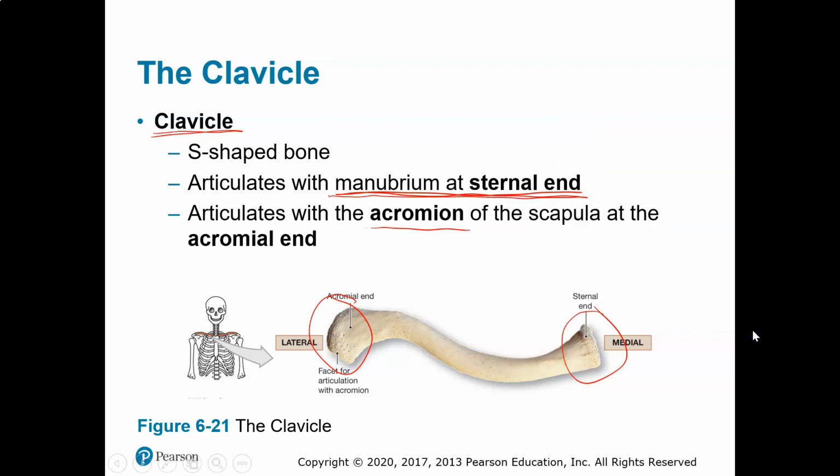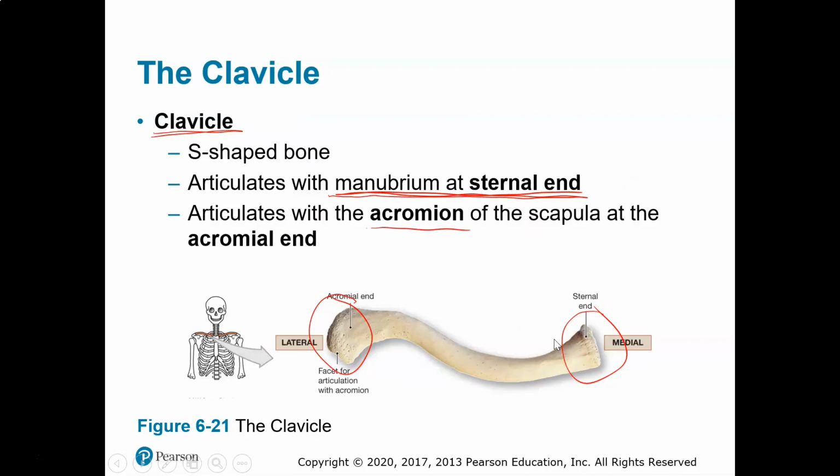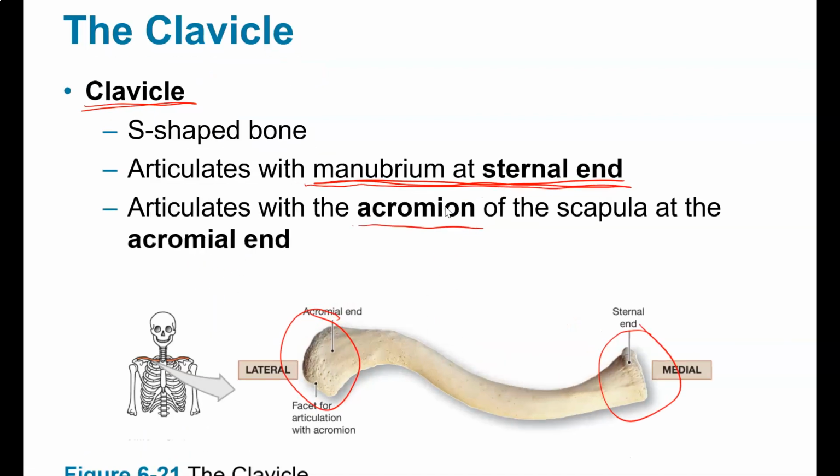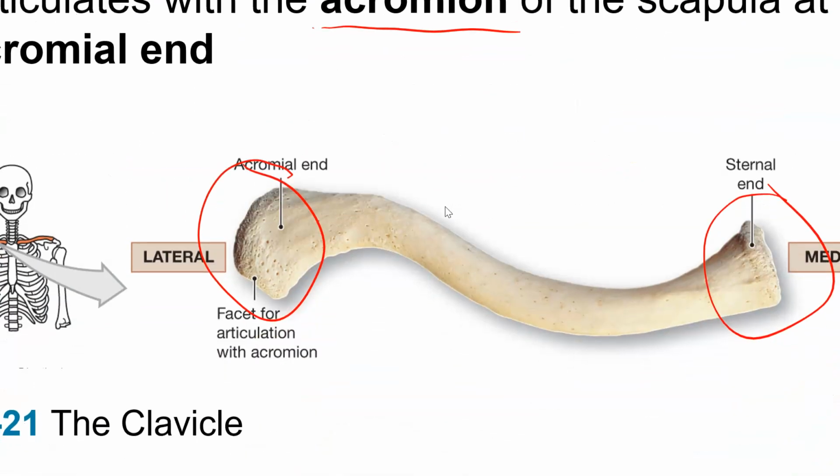Okay. So this end, the sternal end, if you look at the... there we go. I was just trying to make this bigger because I know it's hard to see.